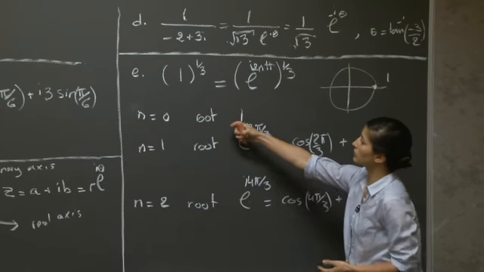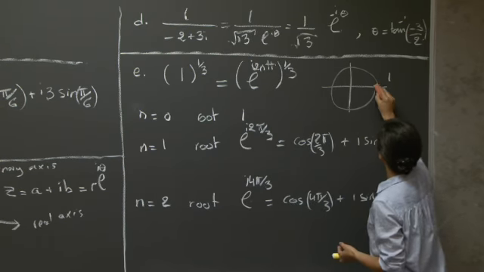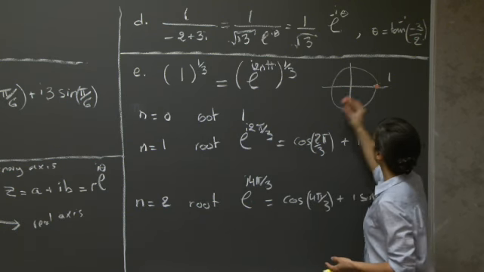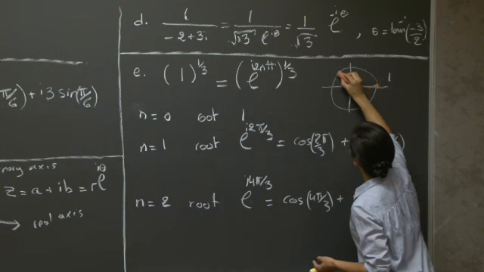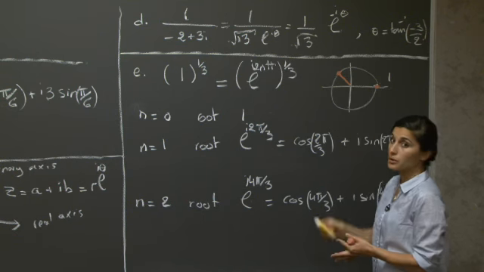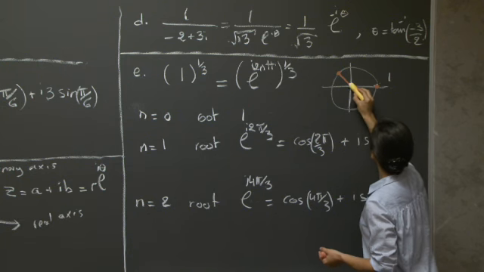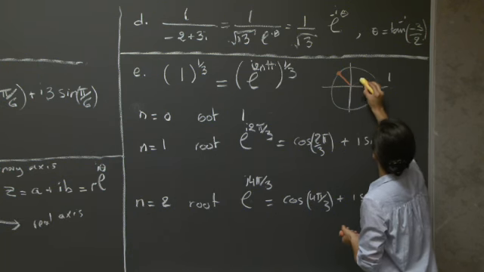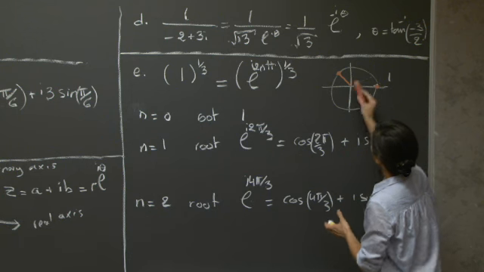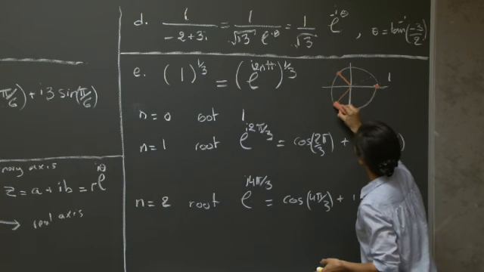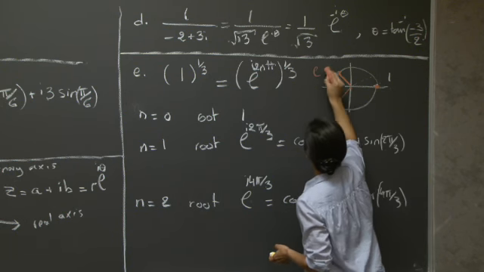So where do these roots lie? We have root 1 for n equals 0. The second root, exponential of 2 pi over 3, in polar form, would be here, where we would have the angle 2 pi over 3. And here, okay, so 1 pi over 3 would be here, 2 pi over 3 would be here, 3 pi over 3 would be here, and 4 pi over 3, our third root, would be here.